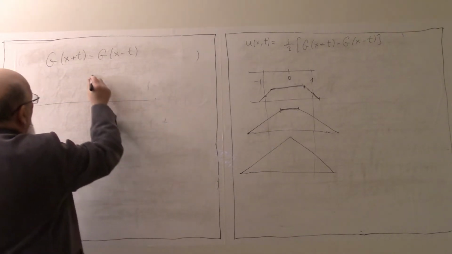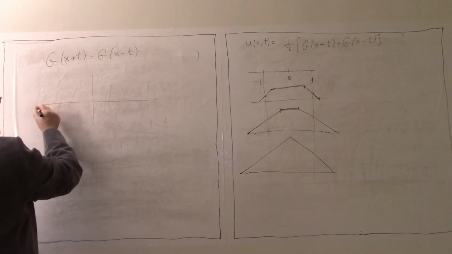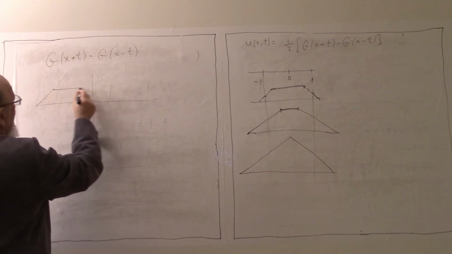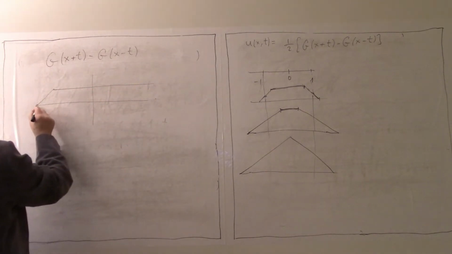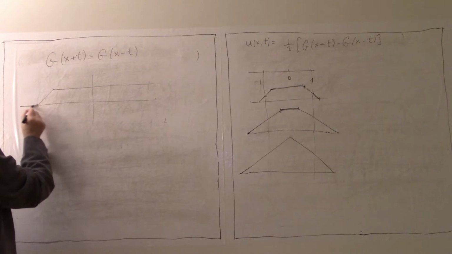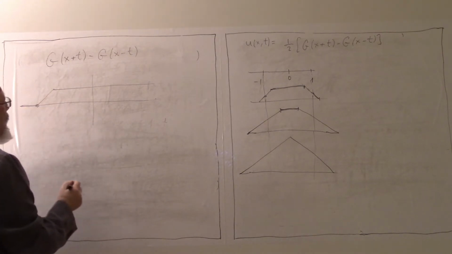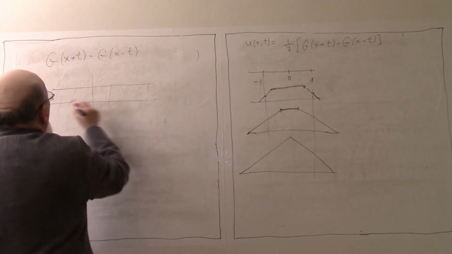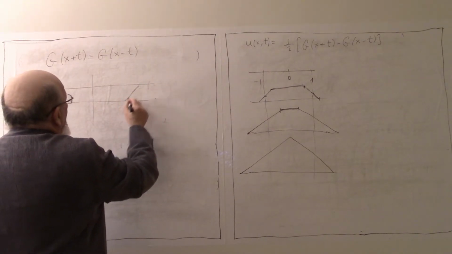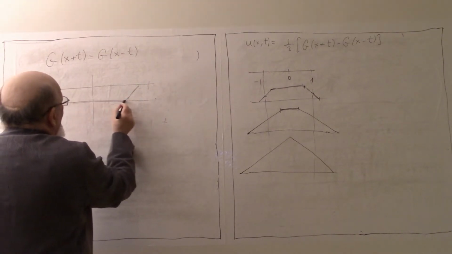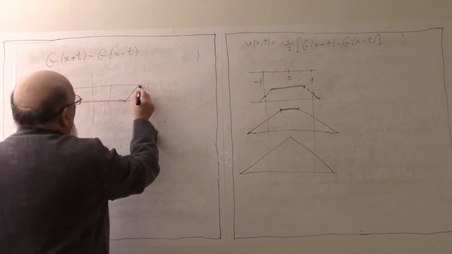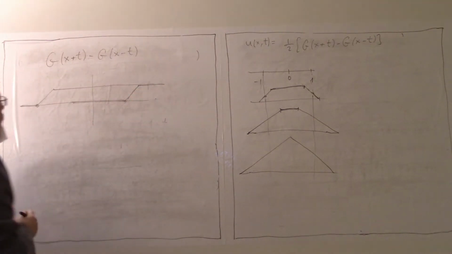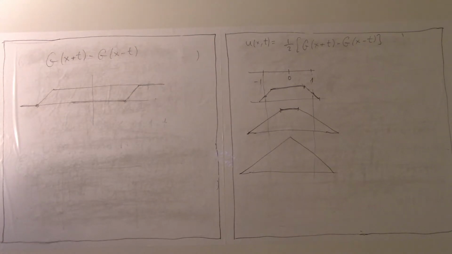The picture is the following. This is the graph of the function g of x plus t. The function g of x minus t is here.